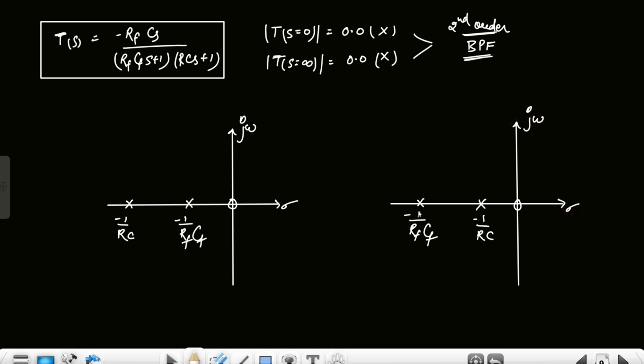So first let me draw the magnitude plot of this transfer function, that is the band pass filter. So the magnitude plot of a band pass filter is like this.